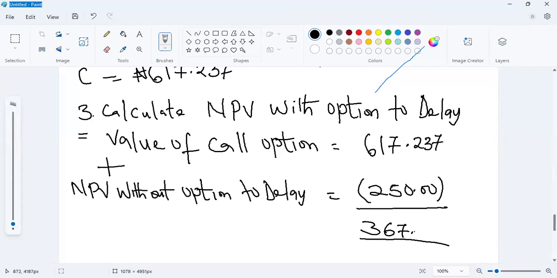This is the NPV with option to delay. What we are now saying is that if we introduce option valuation and the project is delayed for 1 year, the company can achieve a profit of 367 million, 0.237.